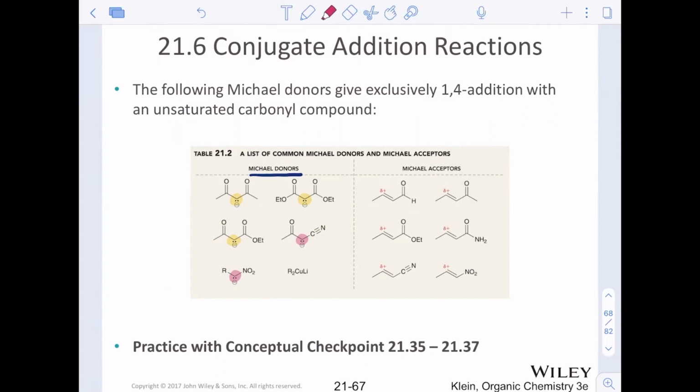They stabilize that enolate very well. Cuprates or cyano groups, the nitrile group as well. Michael acceptors have to have that beta position. All right, so all of these are acceptable, but again, beta position of some electron withdrawing group.